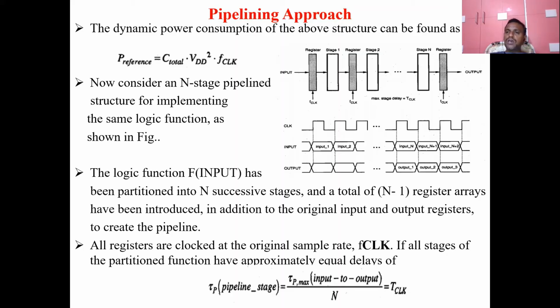If you consider an n stage pipeline structure, one is the total capacitance of the input and output registers and the logic function, and at the same time we have to consider the capacitance of the n minus 1 register arrays while calculating the power consumption of the pipeline structure.